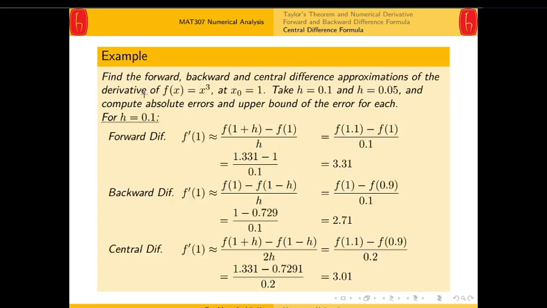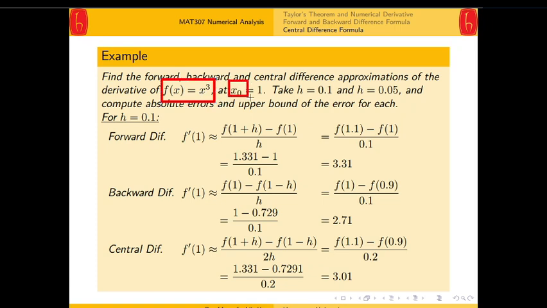Okay, an example. Find the forward, backward, and central difference approximation of the derivative. This is a simple derivative, and we can also take this derivative analytically, but this is just for illustration, so we will also check the accuracies with this derivative. So the function will be a cubic function, x cubed.